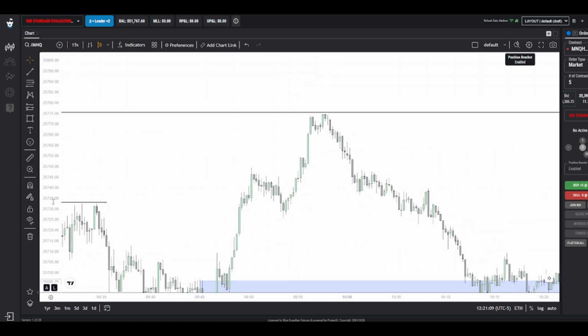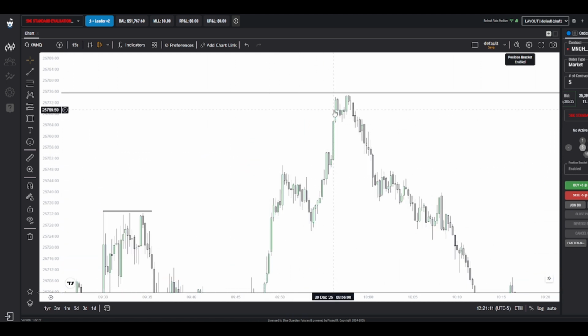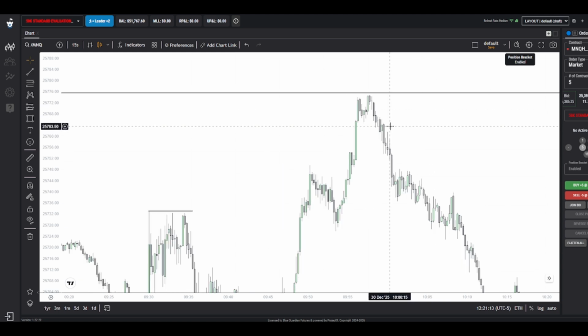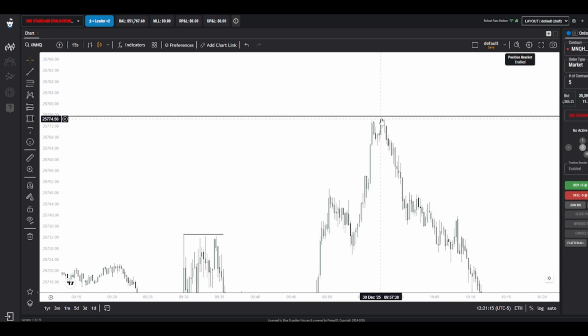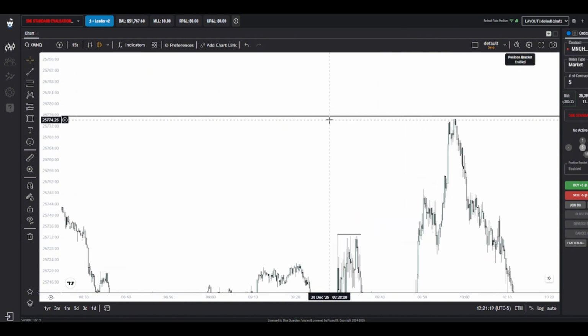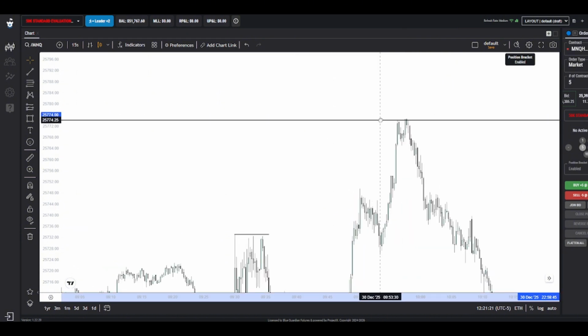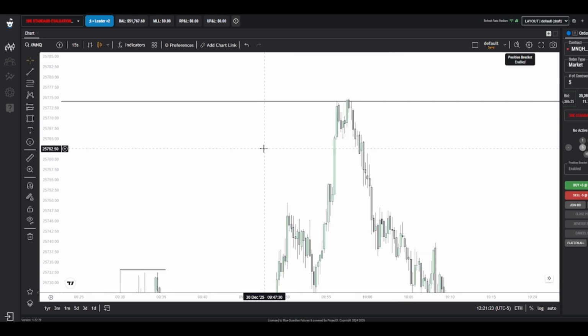The third trade and the best trade was this one. I don't know why we didn't tap into it. I think I marked this wrong because we tapped into this liquidity.